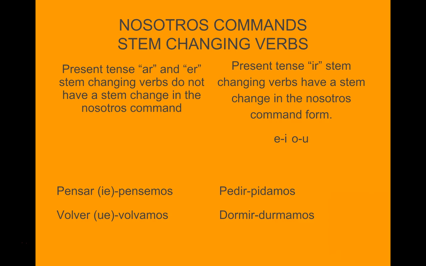The E changes to an I. Dormir is a UE stem changer in the present tense and an IR verb, but it doesn't change to a UE, it simply changes to a U. Durmamos. Here's a list of stem changing IR verbs that you've probably seen in the present tense that are going to fit in this category.